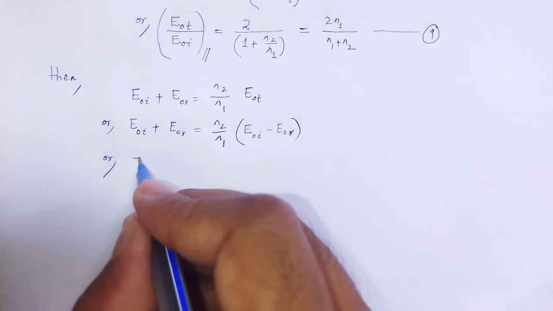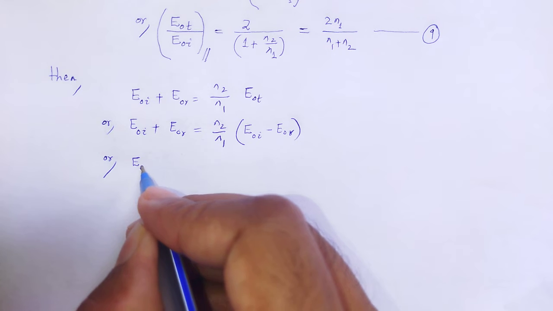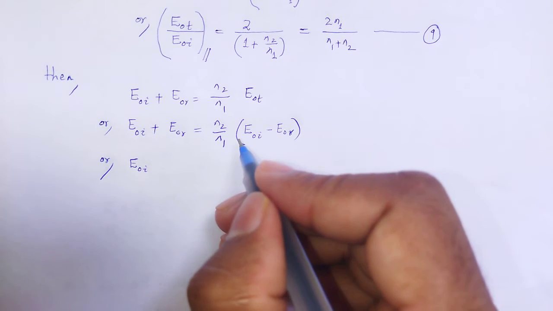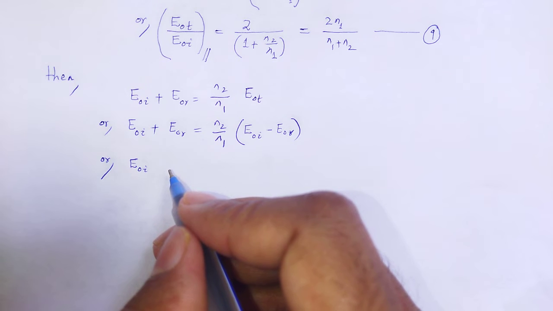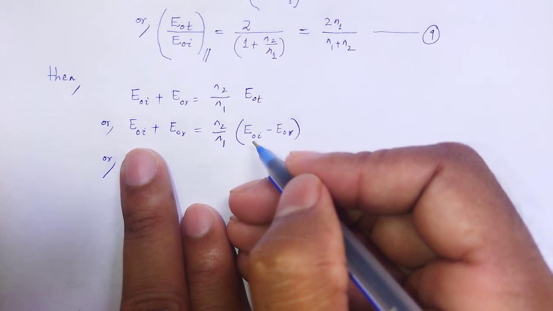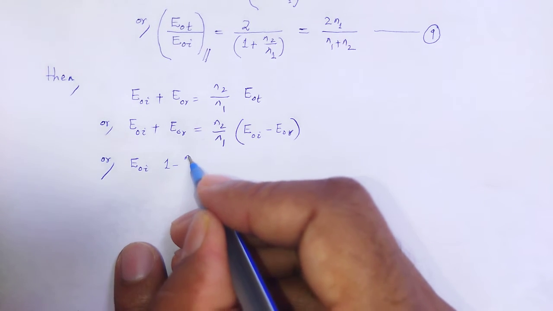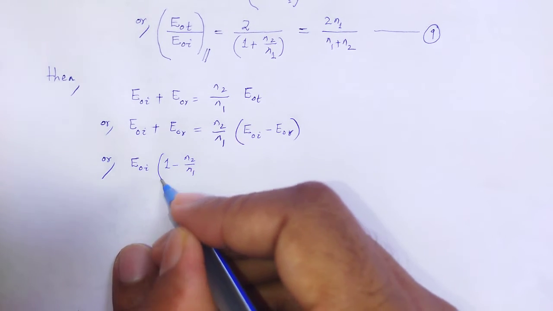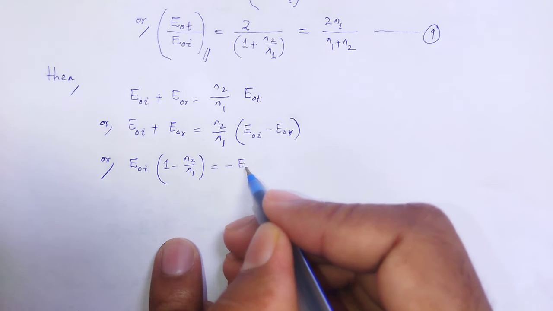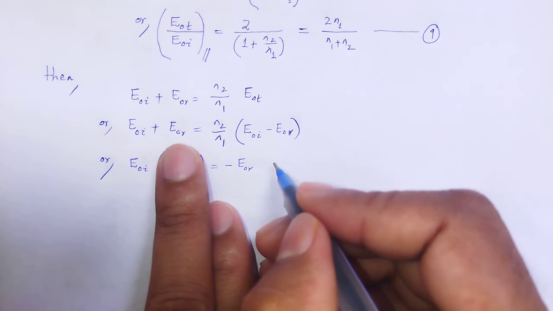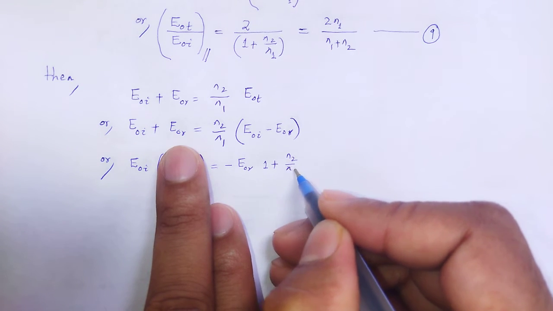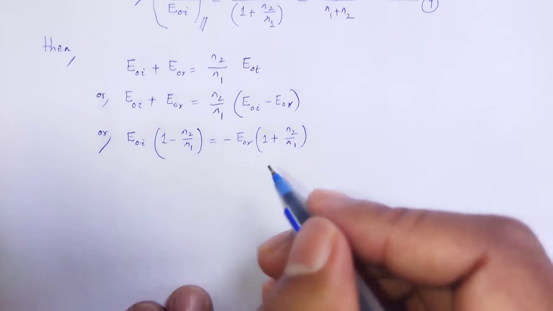Taking the terms, E0I common, 1 minus N2 by N1 is equal to minus E0R common, 1 plus N2 by N1.